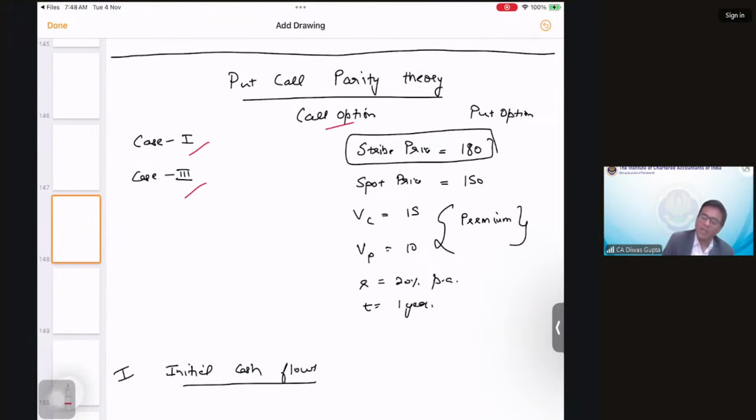We took two different situations, one in call option and one in put option. The strike price we keep as 180 for both call and put. Spot price currently is 150. The premium of the call option is around 15 and put option is around 10. The rate of interest is 20% per annum and time period is 1 year.